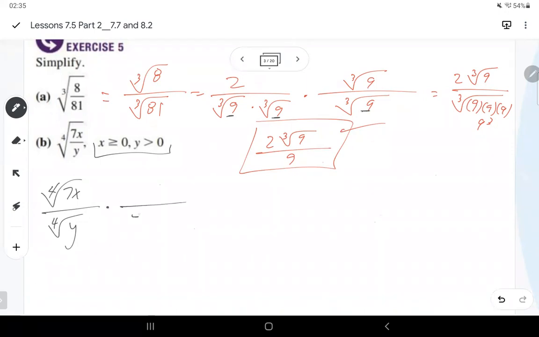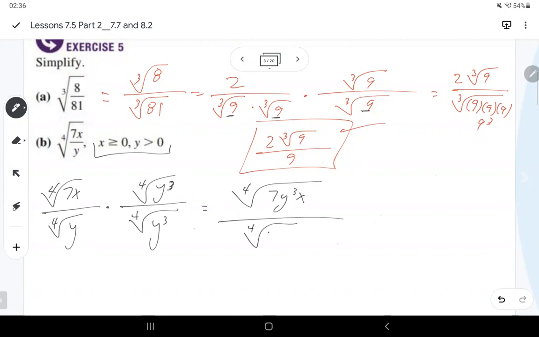So we want to multiply top and bottom by the 4th root of y cubed, and that's going to end up eliminating the radical on the bottom. So we're going to multiply the top and get the 4th root of 7y cubed x over the 4th root of y to the 4th, which is the 4th root of 7y cubed x over y.